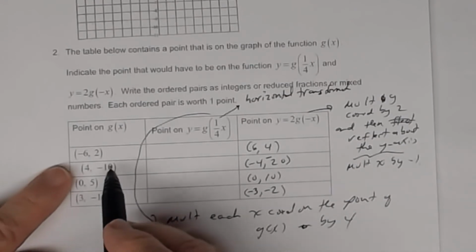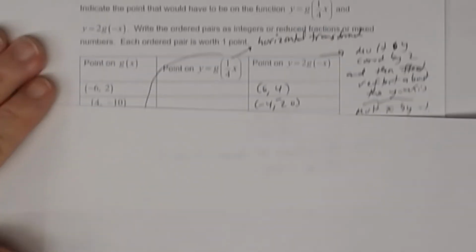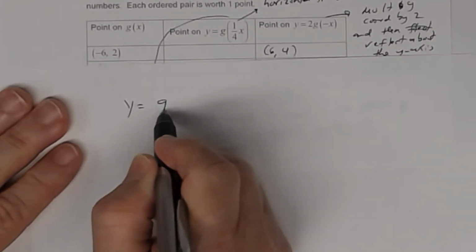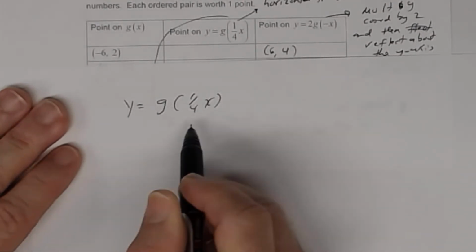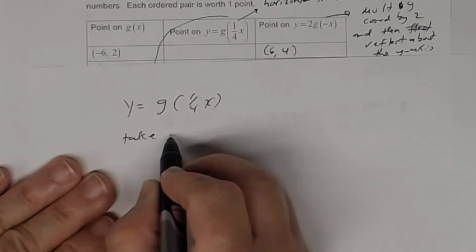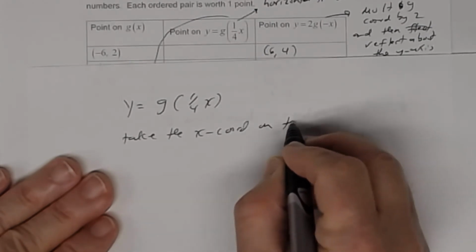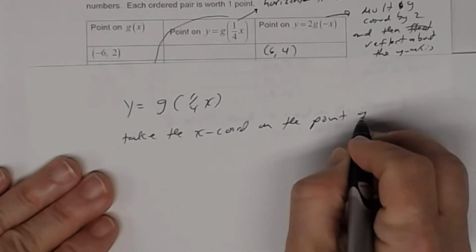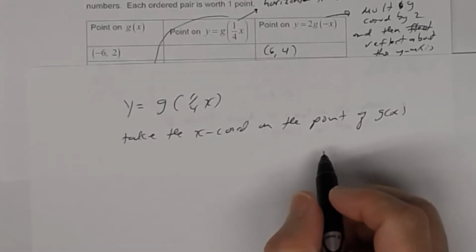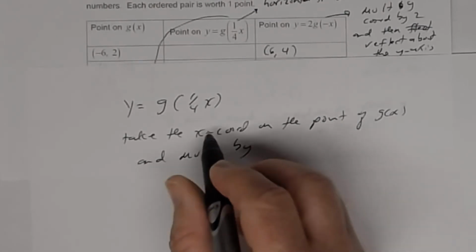Let me go ahead and write it out on here. Remember, we're dealing with y equals g of 1/4 x. What that means is you're going to take the x coordinate on every point of g of x and multiply by the reciprocal.